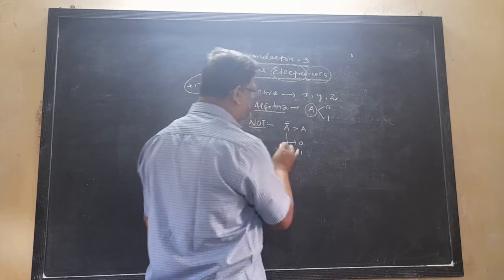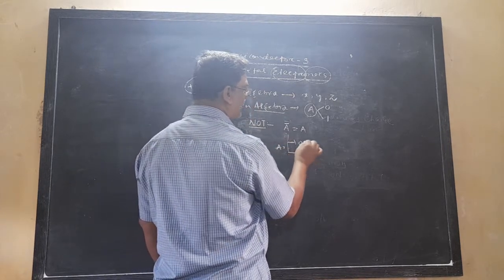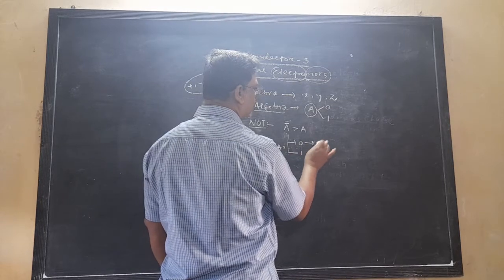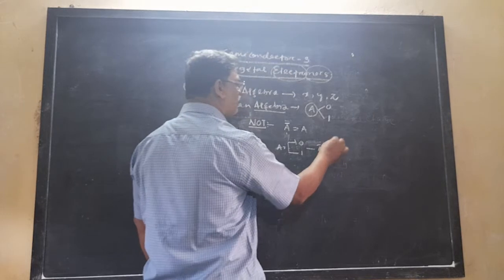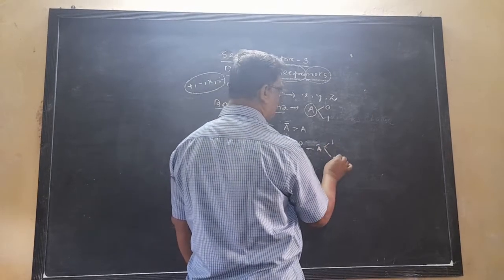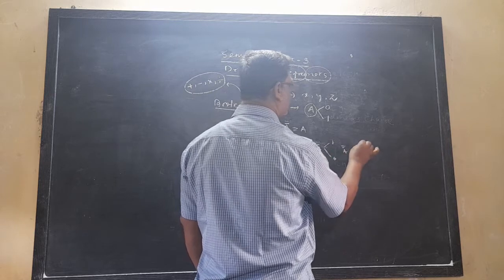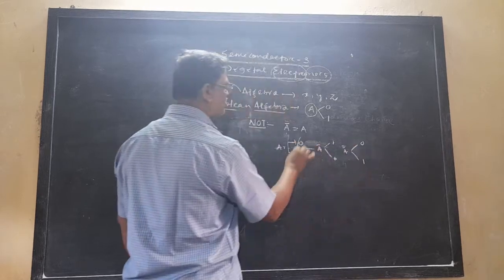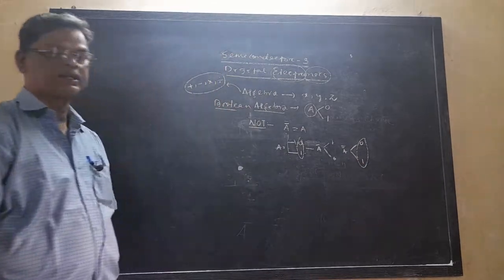If a is equal to 0 or 1, then its negation is the opposite, that is 1 and 0. Again if we take the opposite, we get 0 in place of 1 and 1 in place of 0. This is known as the negation.